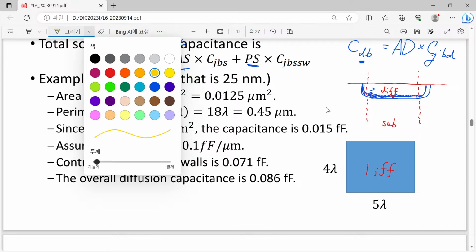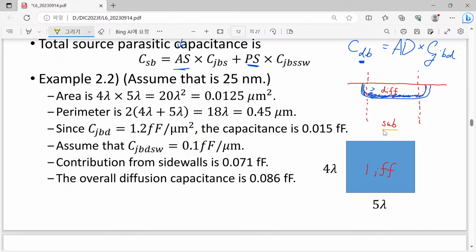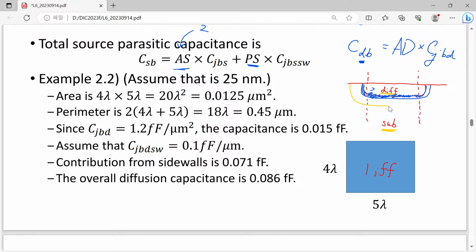Usually we have a substrate whose doping density is not that high, and the diffusion region has a much higher doping density. So when we draw the depletion area of this transistor, usually only this p-type substrate is depleted, and the amount of depletion is extremely small, and this depleted area works just as an insulator contributing to the capacitance.